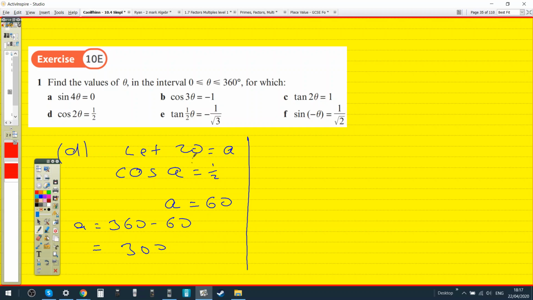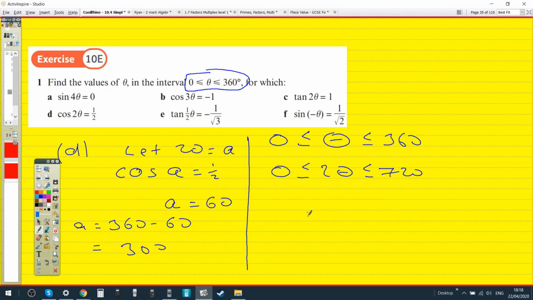We now have to do this bit. Times by 2, 360 by 2 is 720. So then would we add 360 to 300? Yep.